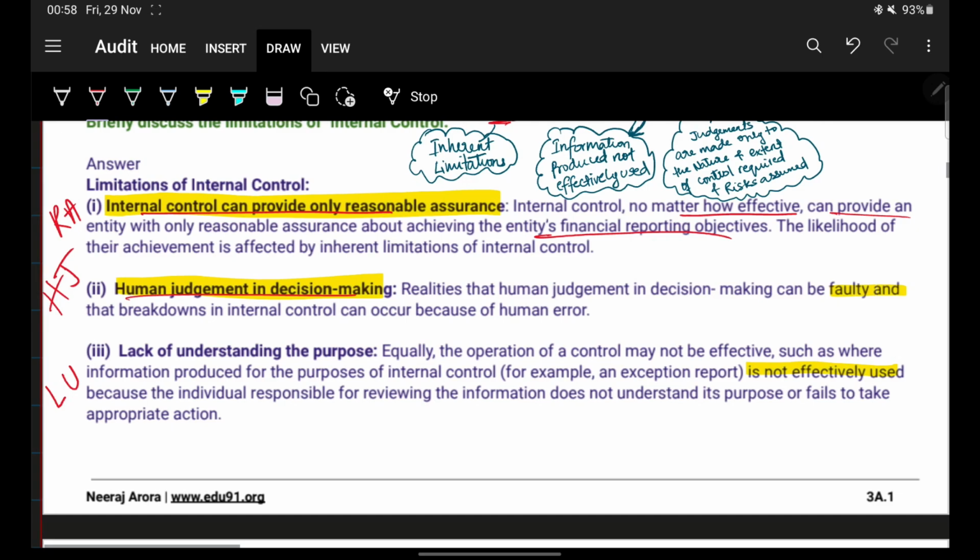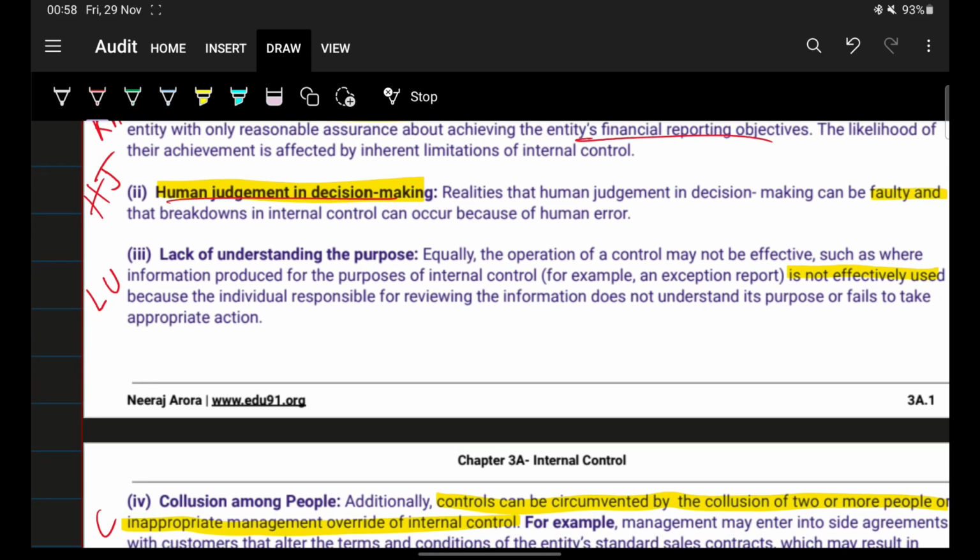Okay, next we're just reading the headings and then we'll jump into the paragraphs. Okay, lack of understanding the purpose. So the person who is performing these controls doesn't know why it is being done, right? Suppose the materiality is set at 1 lakh, and suppose he sees a transaction of rupees 1 lakh, right?